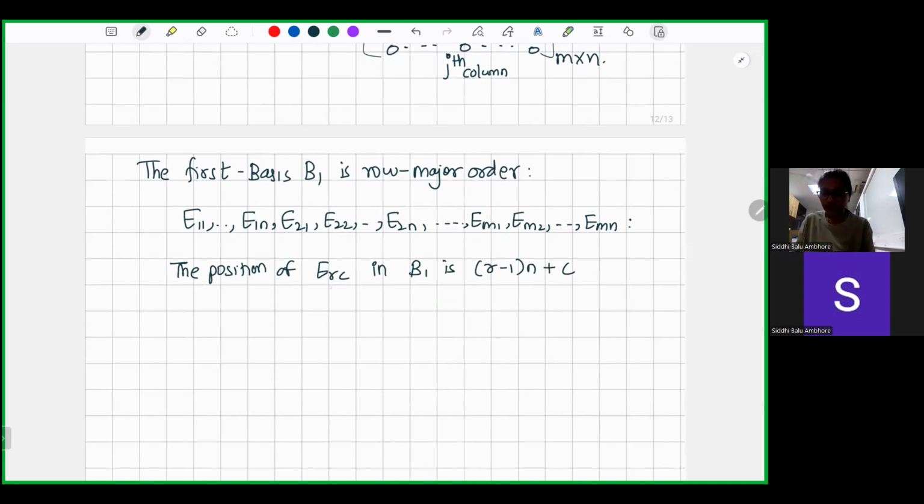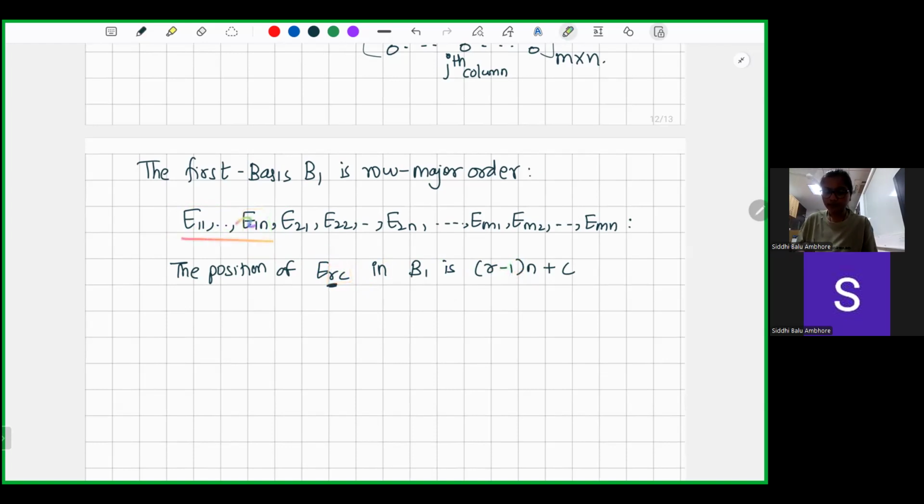Because we are talking about the entry corresponding to the rth row and cth column. For the first row, if it was E1c, it would be in the first row, dealing with the first n elements, so it will be just the cth term here.